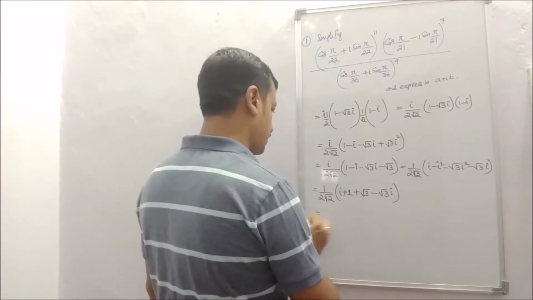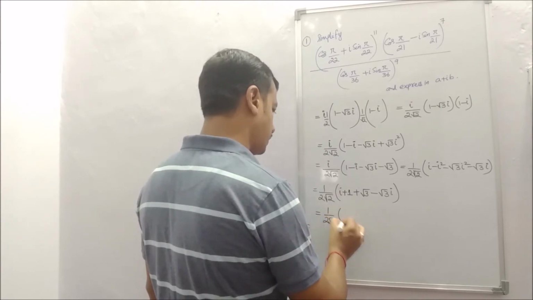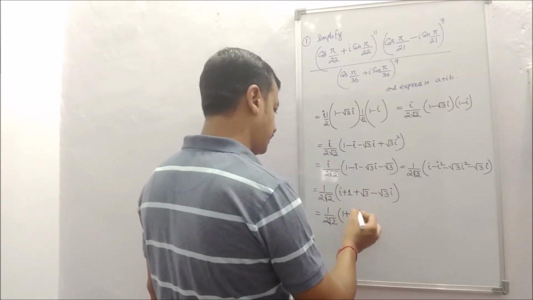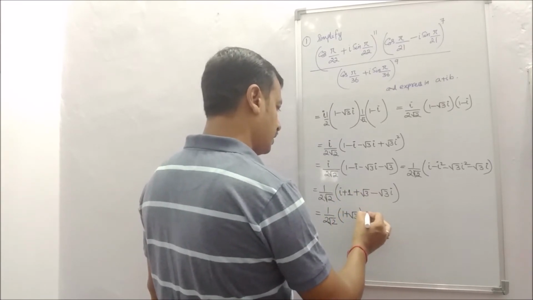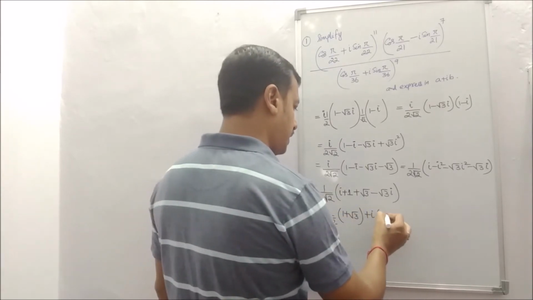So it is 1/(2√2) times (1 + √3) plus i times (1 − √3).